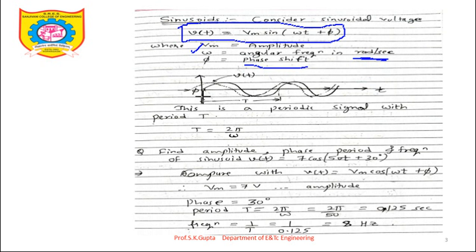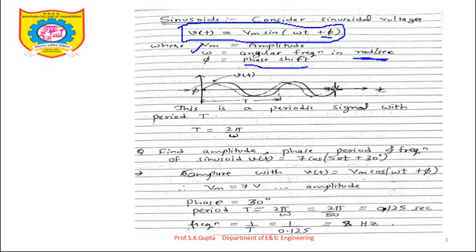So consider this standard sine wave signal, the bold line is the standard sinusoidal signal, and we have this Vm sin omega t signal, V of t. It has a phase shift plus phi, so it will start earlier and it is shown by the dotted line.